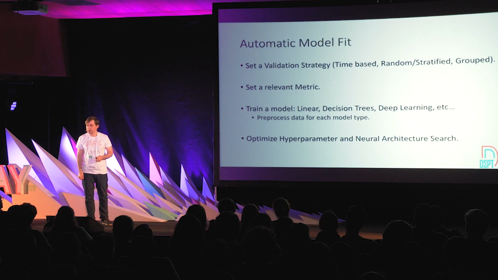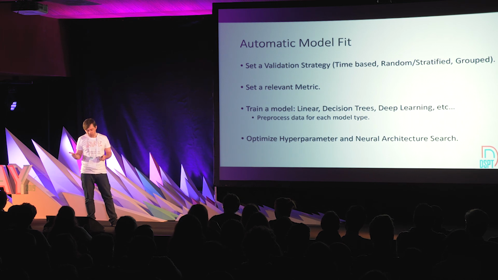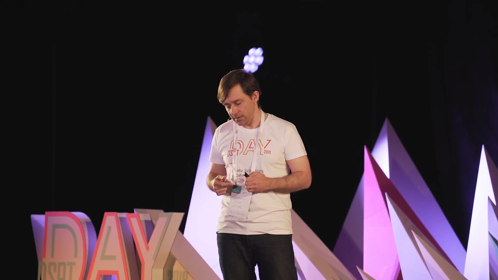Automated model fit is another challenge for autoML. So setting a validation strategy, I talked about before. Setting a relevant metric is also important because a relevant metric can define the final accuracy of the model, or sometimes we're interested in optimizing some specific metric. Train a model.